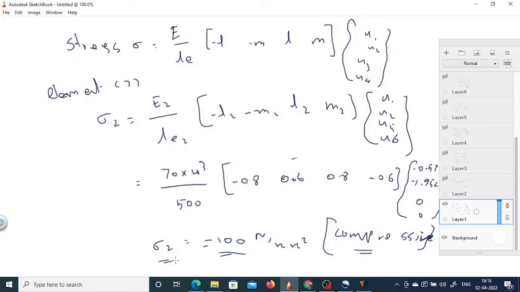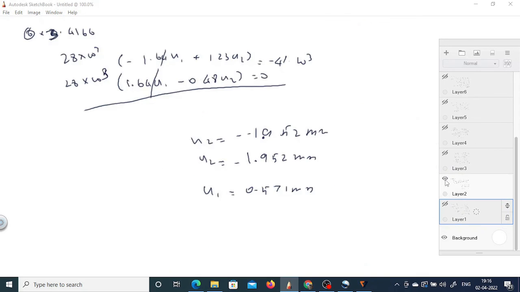Now we identified the stress, and also I identified the displacements at node 1 and node 2. Node 1 is 0.571 and node 2 is minus 1.952 mm. This is the procedure to solve the problem. Thank you all.